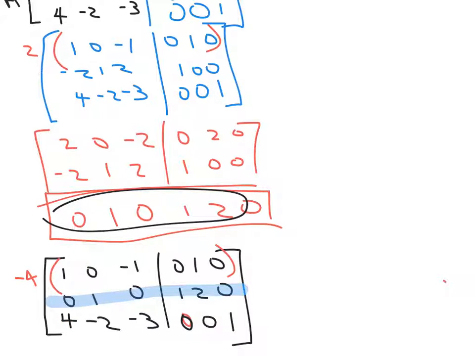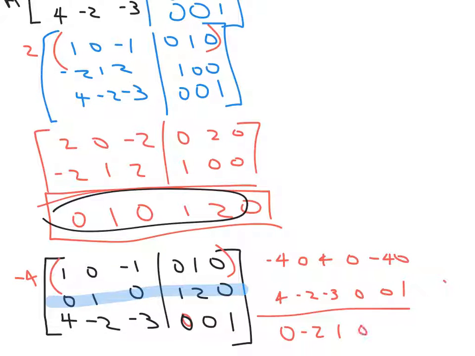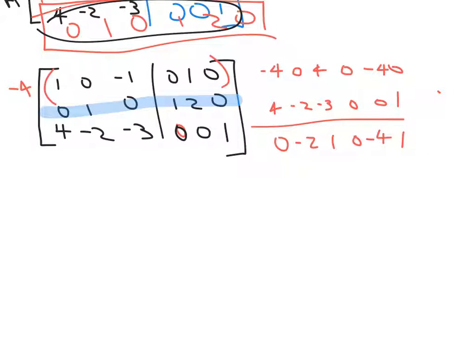So this is negative 4, 0, 4, 0, negative 4, 0, and we're adding this third row there, 0, 0, 1. So it gives me a 0, negative 2, 1, 0, negative 4, and a 1. Okay, so that's my new last row.